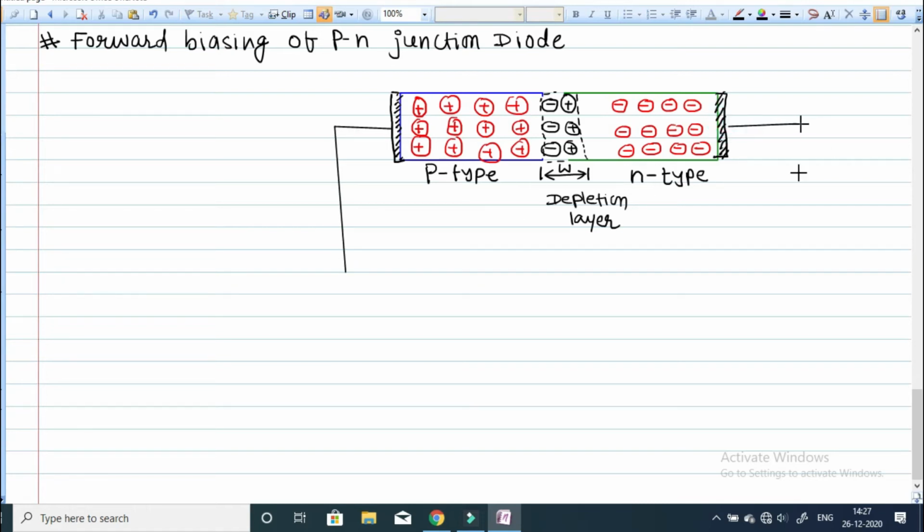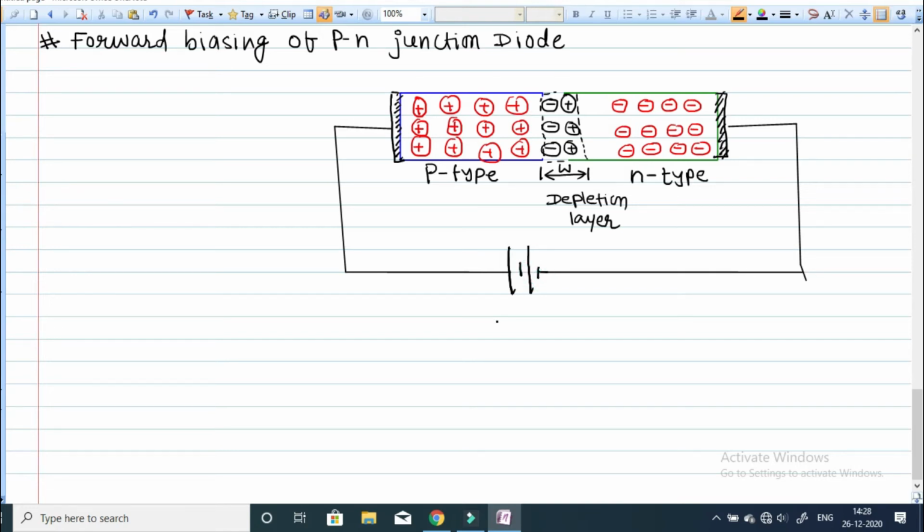In case of forward biasing, the p-type semiconductor is connected with the positive terminal of the battery, and the n-type semiconductor is connected with the negative terminal of the battery. Then this process is known as forward biasing.